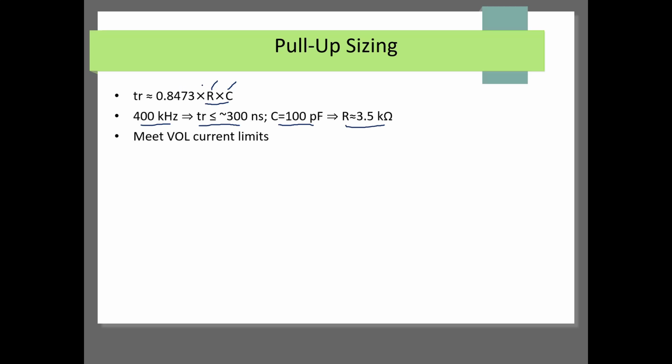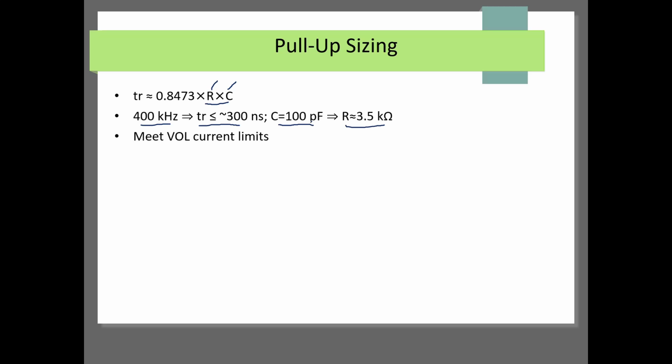Just apply it here. The resistance value is 3.5 kilo, here is 100, kilo meaning 10 to the power 3, into 10 to the power 2. That is 10 to the power 5, so 3.5 into 10 to the power of 5.